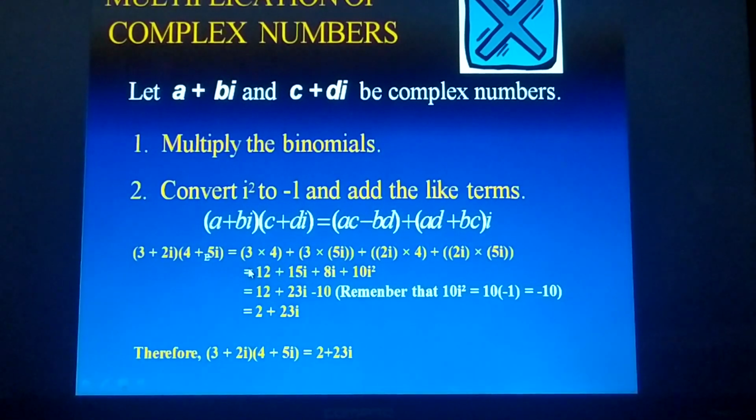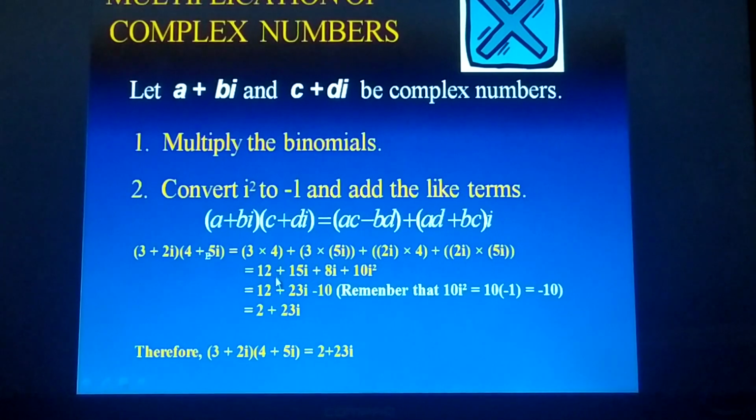Now we simplify these terms. 4 into 3 is 12, 3 into 5i is 15i, 2i into 4 is 8i, and 2i into 5i: 2 into 5 is 10 and i into i is i², so it is 10i². 12 as it is, we add the imaginary numbers 15i + 8i, it is 23i.